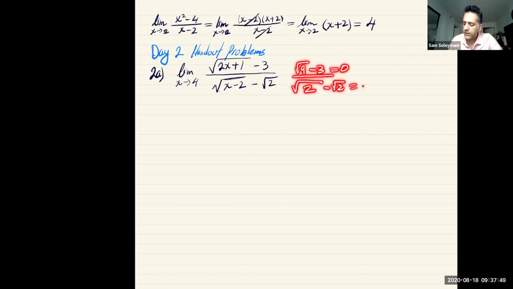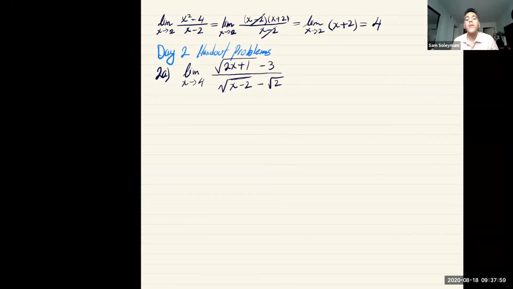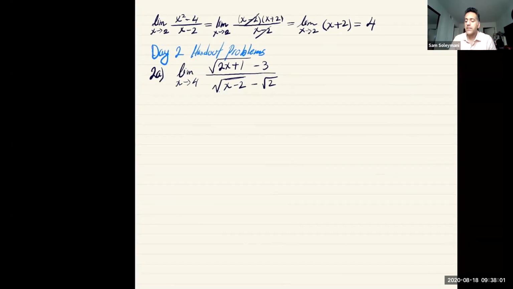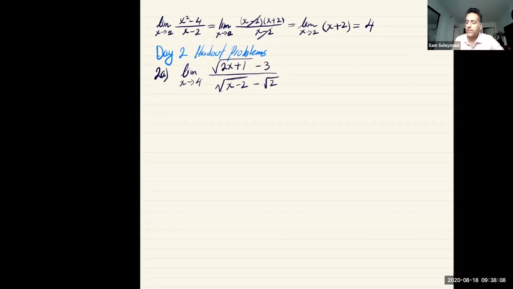So that's also 0. This is a 0 over 0 indeterminate. We don't know if the limit exists, and if it does exist, we can't say right away what it is.